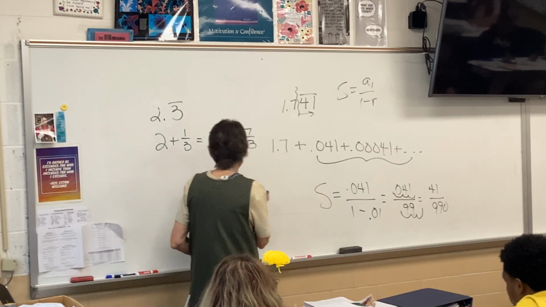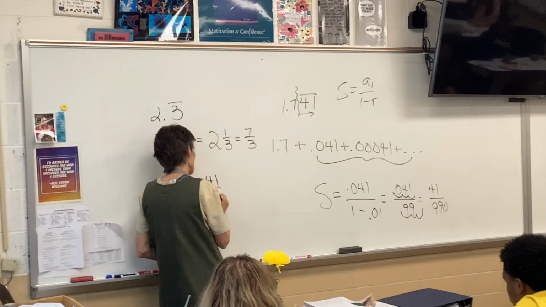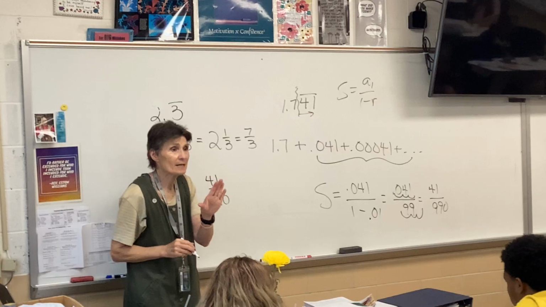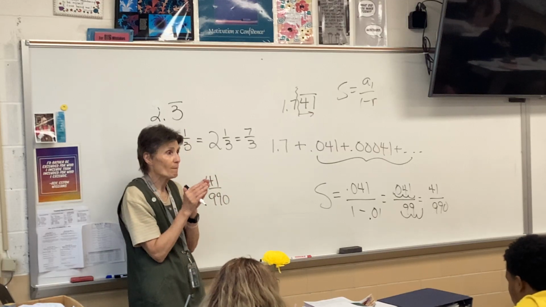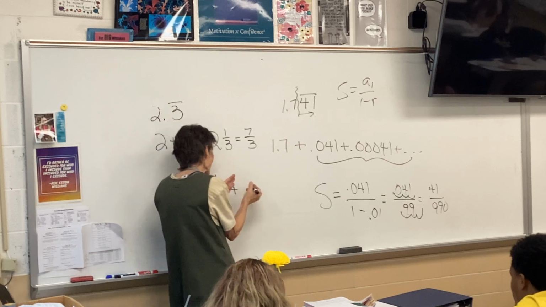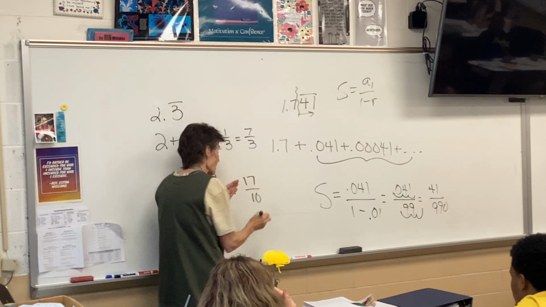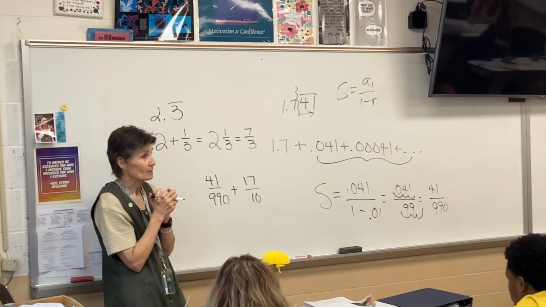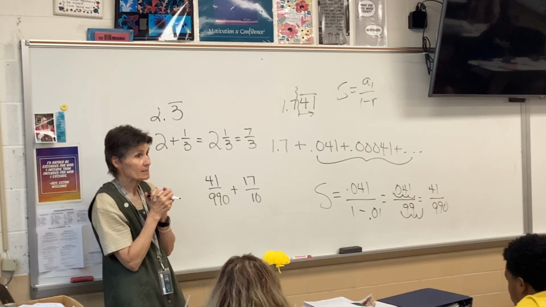Now, 41 over 990, I don't think reduces, but even if it does, I'm not going to because I'm not done yet. What do I then have to remember to do? Go back and add 17 tenths, 1.7.